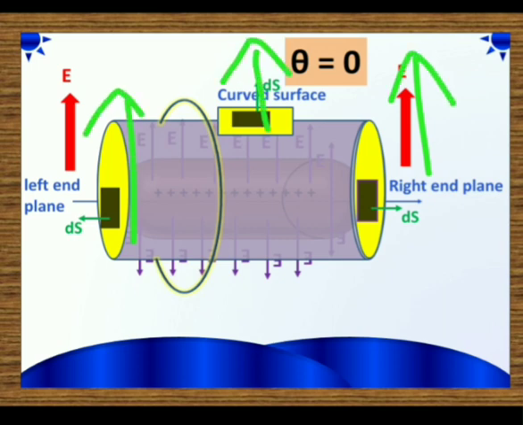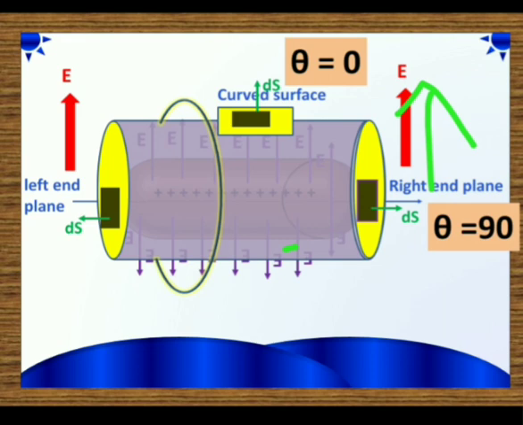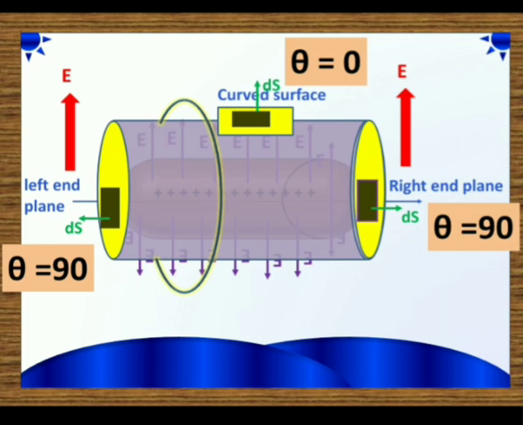Theta is the angle between ds and E. For the curved surface, E and ds are in the same direction, so theta becomes 0. For the right end plane and left end plane, theta becomes 90, because the electric field is perpendicular to the surface normal ds.